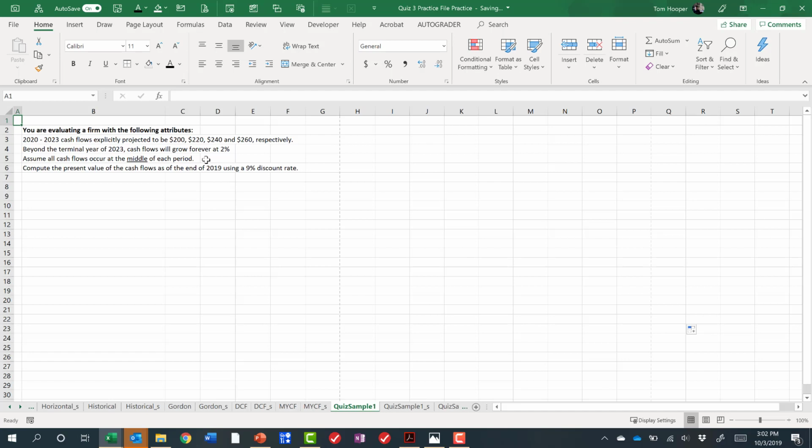So as we saw on the last problem, we can go ahead and calculate the NPV and then adjust it. So we want to compute the present value of the cash flows at the end of 2019. So I'm going to have a date over here, probably 2019, 2020, and so on. So I can put those values of 200, 220, and so on.